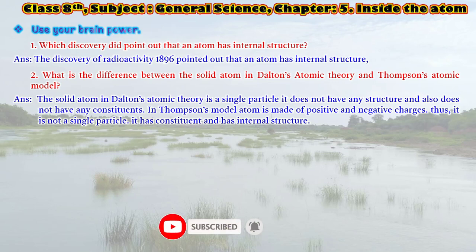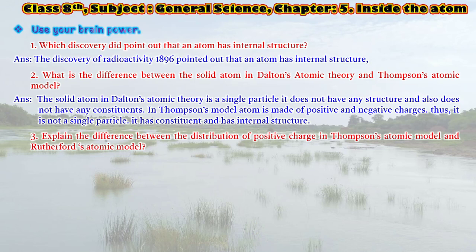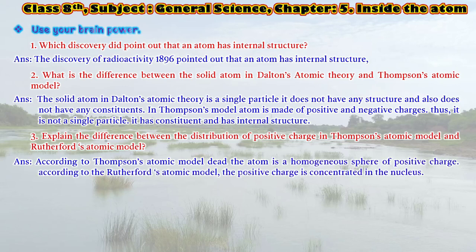Third question is: explain the difference between the distribution of positive charge in Thomson's atomic model and Rutherford's atomic model. Answer: according to Thomson's atomic model, the atom is a homogeneous sphere of positive charge. According to Rutherford's atomic model, the positive charge is concentrated in the nucleus.